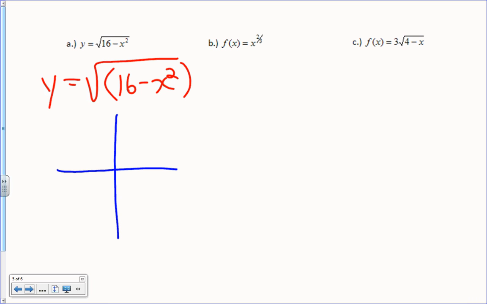If we had positive and negative, we'd actually have the entire circle of radius 4, right? I believe it should look something like that, right?